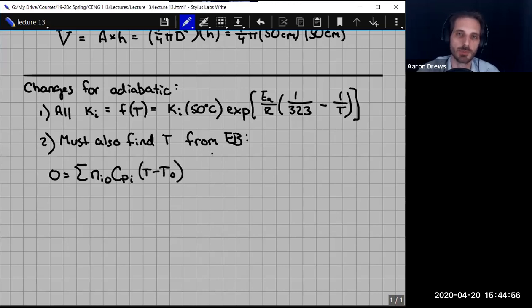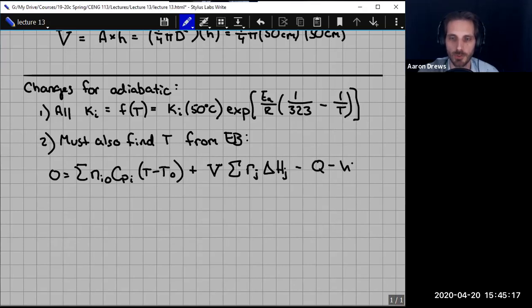Remember, that term represents the energy that went into heating up the feed stream to the reactor temperature. Because on a non-isothermal system, the feed does not need to be the same temperature as the reactor, plus V times the sum of R sub j delta H sub j, minus Q, minus work shaft.